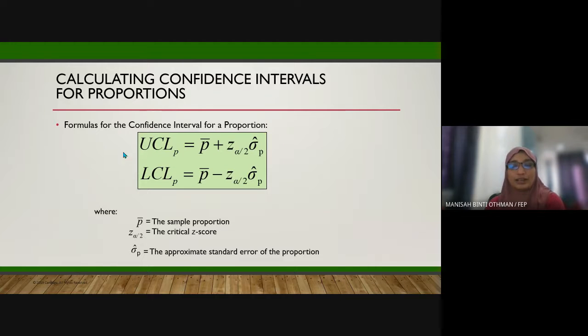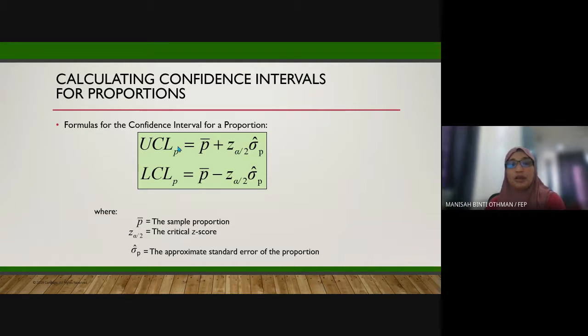To calculate the interval for a proportion, you have to calculate the upper control limit and the lower control limit for the proportion. This is the confidence interval for a population proportion. Using a data sample, we can estimate the interval for the population proportion.